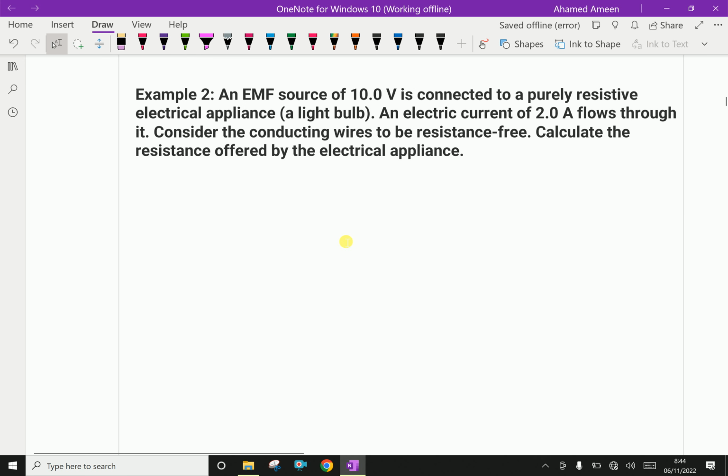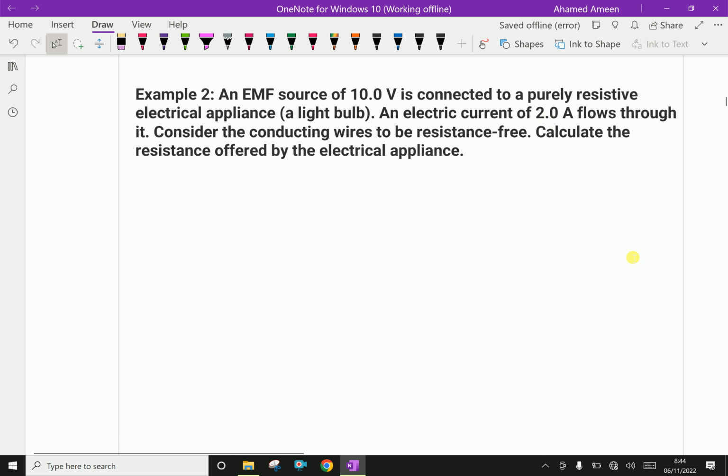Next question: an EMF source of 10 volts is connected to purely resistive electrical appliances like a light bulb. An electric current of 2 amps flows through it. Consider the conducting wires to be resistance free. Calculate the resistance offered by the electrical appliances. Here voltage is 10 and current is 2.